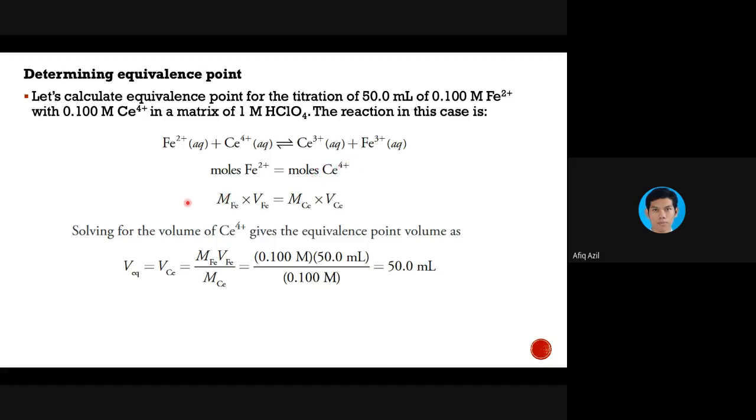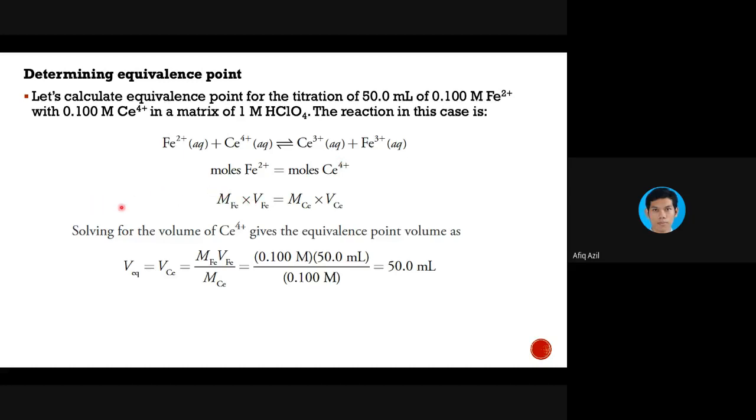So you just use basically M1V1 equal to M2V2, but here it's written as M(Fe), which is for the iron, times volume for iron, equal to the concentration for cerium 4 plus times volume for cerium 4 plus. This is basically derived from number of moles.